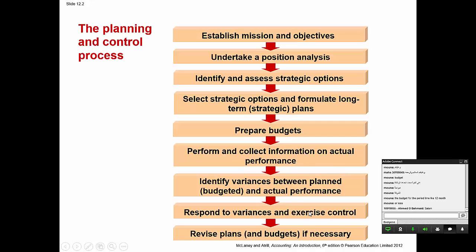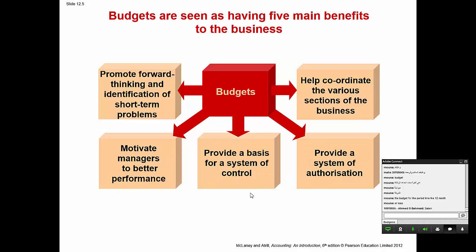If there is any deviation, any variance in the performance, then the company needs to control this process and try to return the performance to the planned level. That means the budget provides a basis for control and enhances the control process inside the organization.